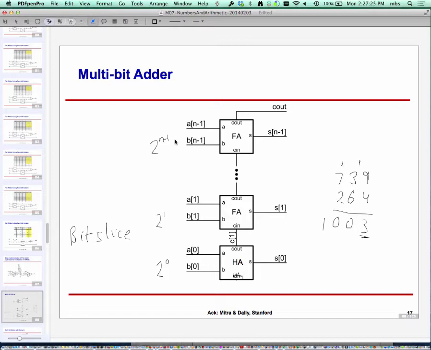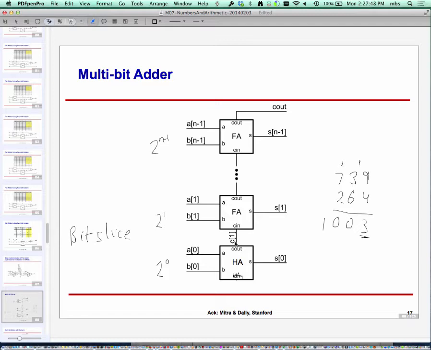Now, if I look at C of 1, or at this bottom adder, what it's doing is taking A0 and B0. A0 and B0 are in the units position, so they have a weight of 1. But then I'm producing a 2-bit number. I'm producing S of 0, and I'm producing C1, which is actually the next higher bit.